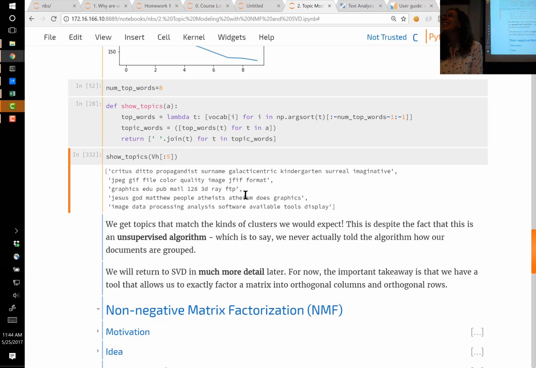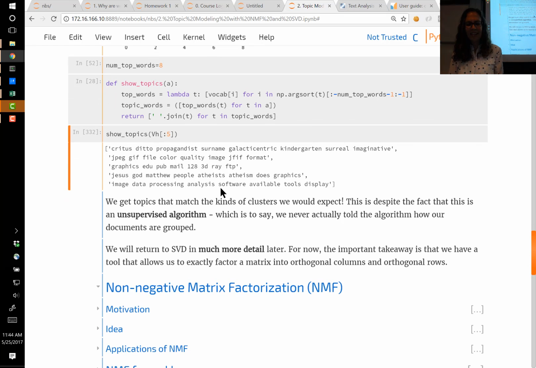Any guesses? I think that's also computer graphics. Notice that they're possibly different subgroups within a topic. But then Jesus, God, Matthew, people, atheist, atheism. This is possibly either religion or atheism. And then another one on graphics. So graphics is well represented.